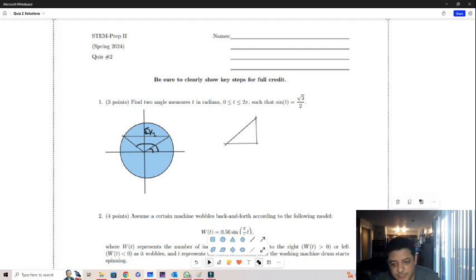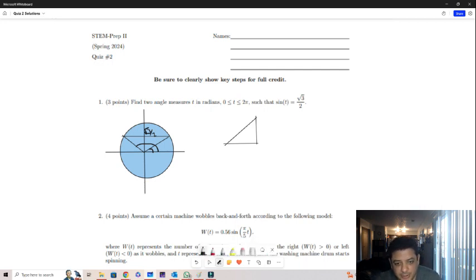So for example, since this is the unit circle, I know that the hypotenuse is going to be 1. And I know that this side is going to be square root of 3 over 2, right? So I also know that this is going to be 1/2, by using the fact that 1 squared equals the square root of 3 over 2 squared plus x squared.